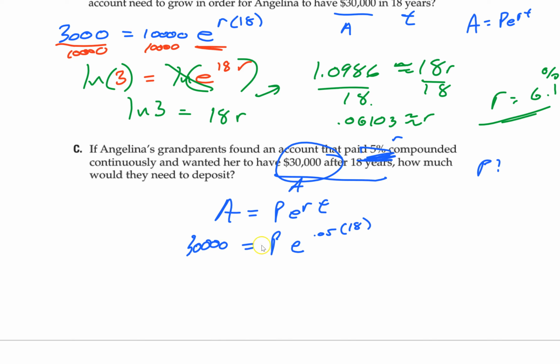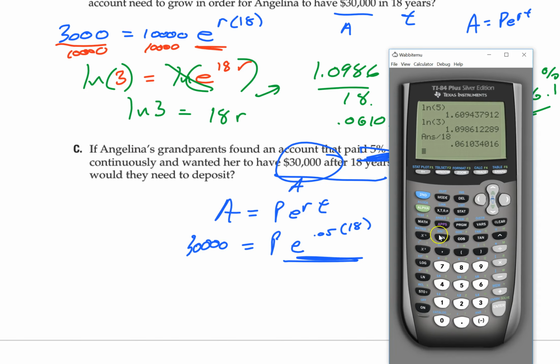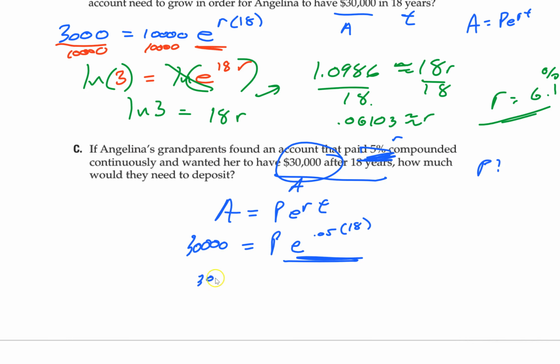Now, this was another easy one. I can plug this all into my calculator. So you get your handy dandy calculator out. What is E to the 0.05 times 18? That alone is going to be roughly 2.45. So I got 30,000 equals P times 2.45. Just divide by that.